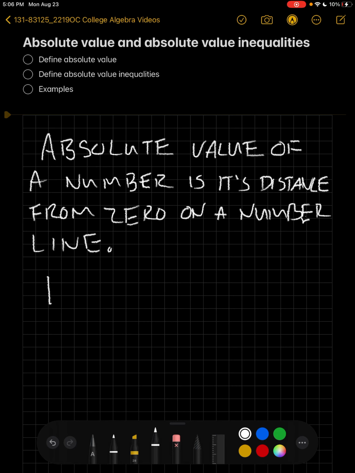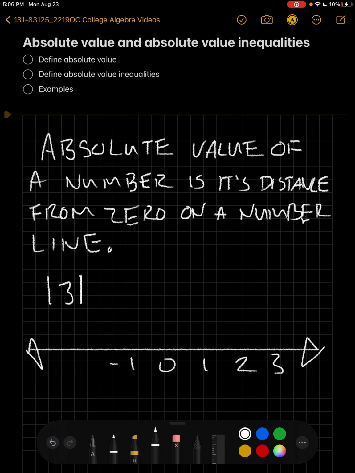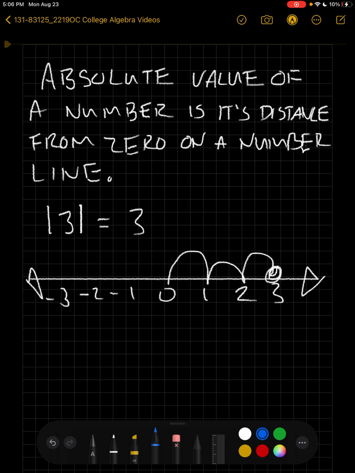So let me give you an example. The absolute value of the number 3 on a number line. So here's our number 3, and that is 1, 2, 3 units from 0. So that would be 3.